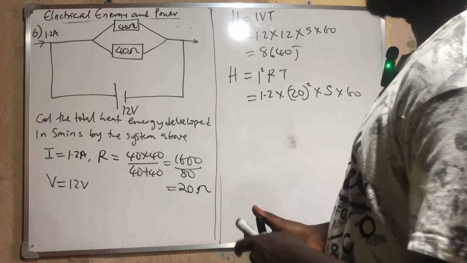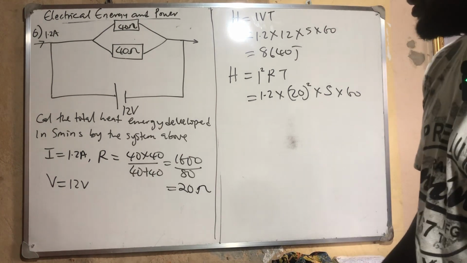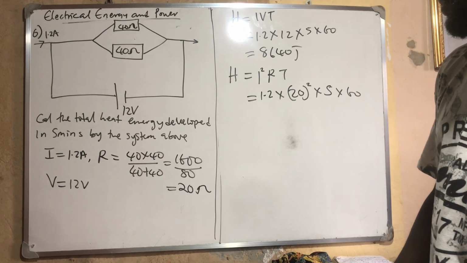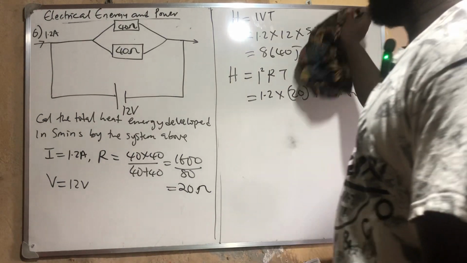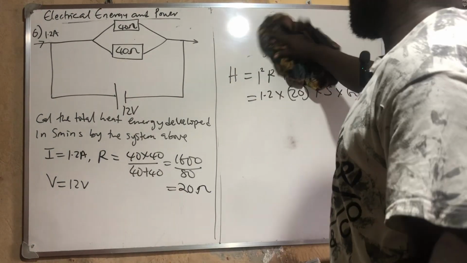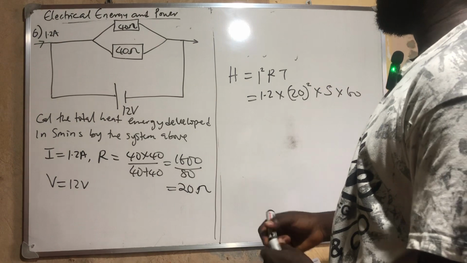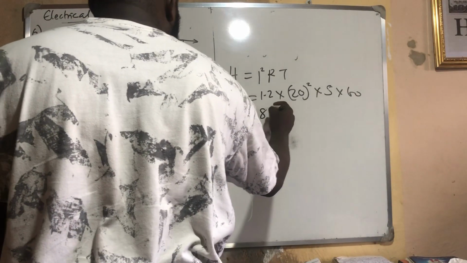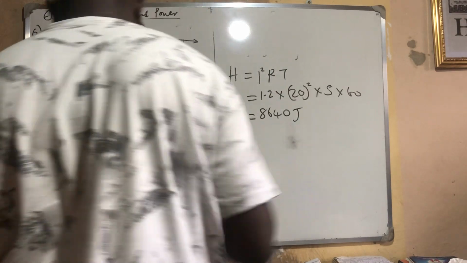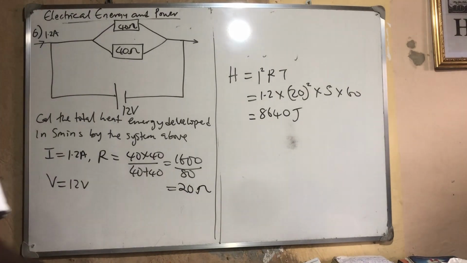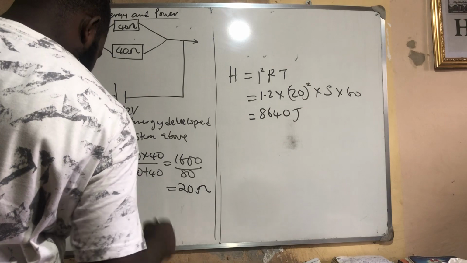Voltage in parallel is the same. So instead of making a mistake, please let's use this formula, H is equal to I squared RT, which will give you 8640 joules. So that is that.